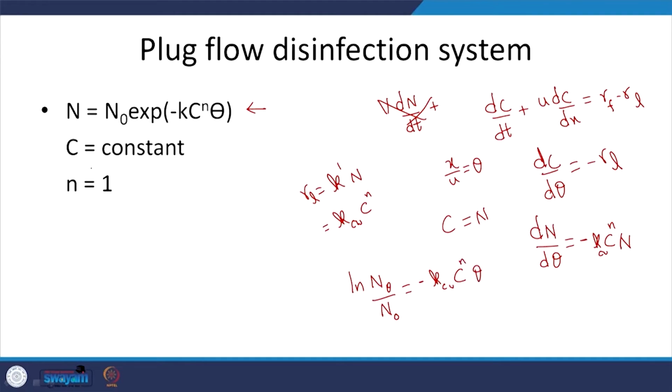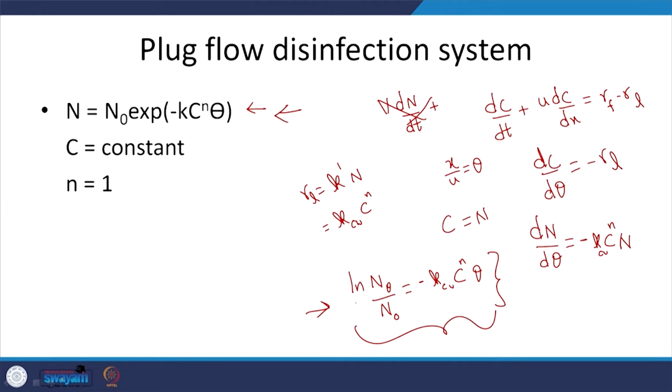Obviously, if I take this and raise it to the exponential, that is what I am going to get, and that is what we have here for a plug flow system. But obviously, you see the parallels between the batch reactor equation and the equation from the mass balance for the plug flow system.